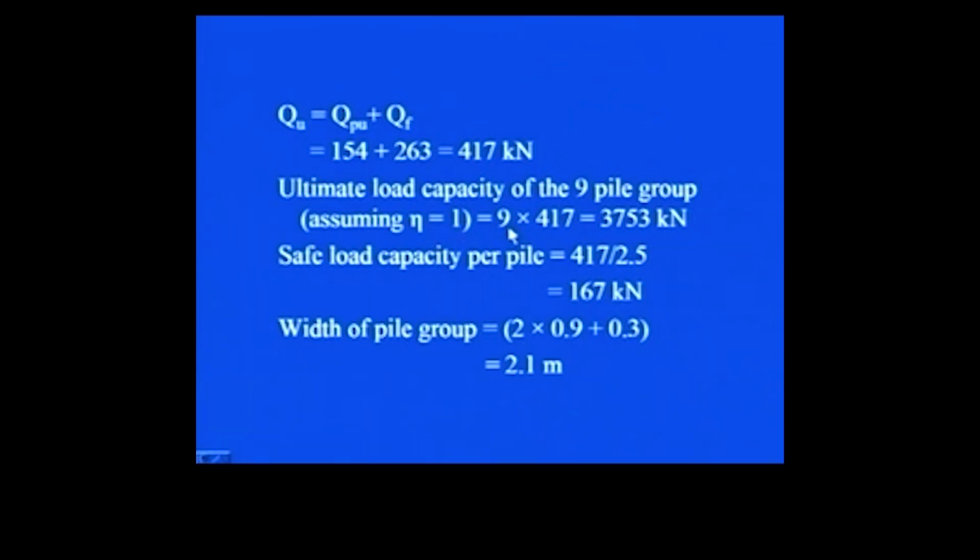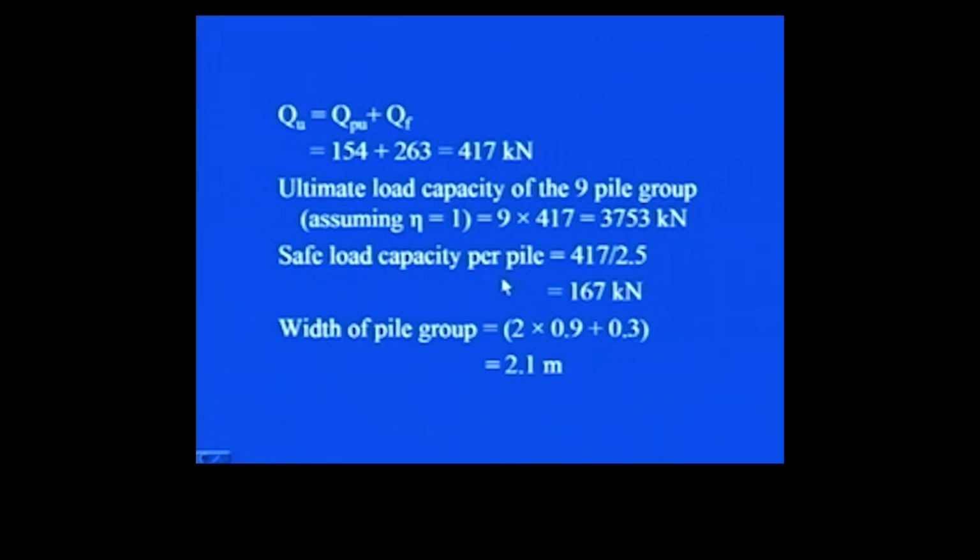So you have to multiply this quantity by the number of piles in the group, that is 9 into 417, that will result into 3753 kilonewton.